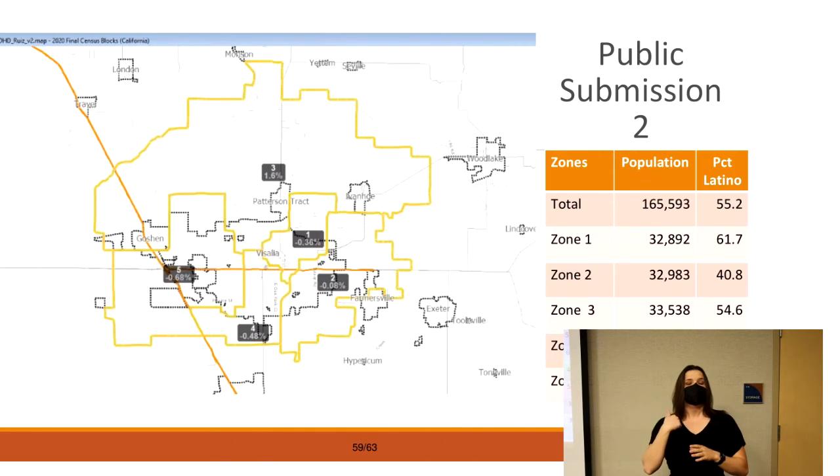Here, working with the demographer Jesus Garcia from EMC, we were able to work together and we started piecing things together based on communities of interest, based on public comment that we heard from the county, the city, school boards, and also when We Draw the Lines was drawing, we were able to use all of that to put together this beautiful map that you see at public submission number 2.